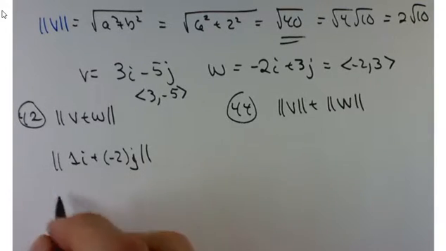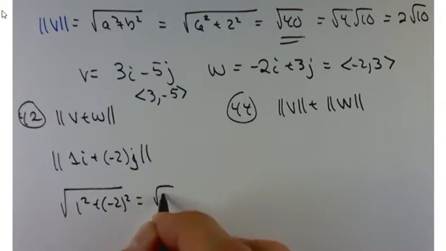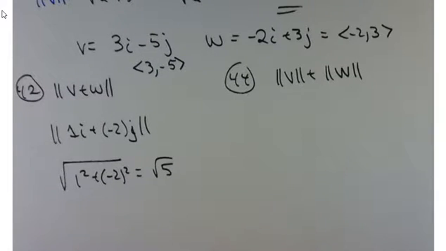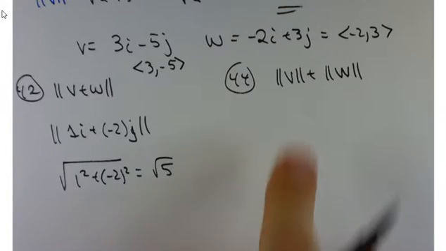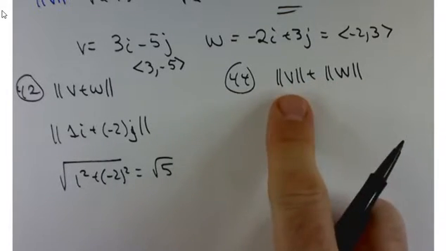The length of this would be the square root of 1 squared plus negative 2 squared, which is the square root of 5. Why don't you see if you can calculate the other one, problem number 44. Find the length of w and add it to the length of v.